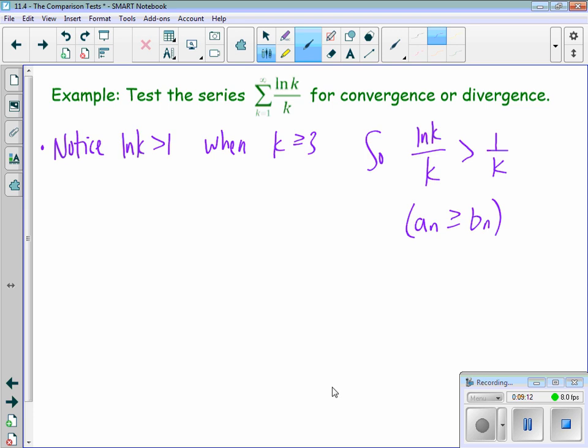That it diverges, because if b sub n diverges, the bigger one's also going to diverge, right? So what I'm doing now is I'm comparing to the 1 over k. And what is 1 over k? What type of a series is that? P-series, and my p is equal to 1. What happens when it's equal to 1? Divergent. So here we know it's divergent by the p-series test.